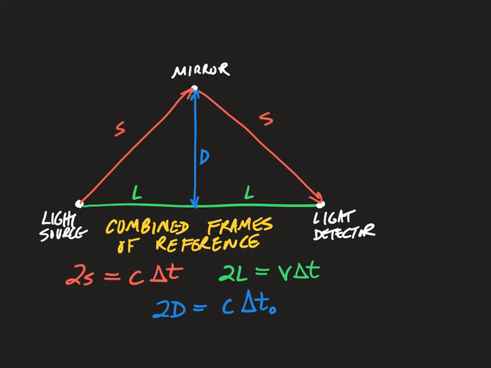Delta t naught. Okay, what in the world does that mean? Delta t naught is what we call proper time. And proper time is the frame of reference where it happens.